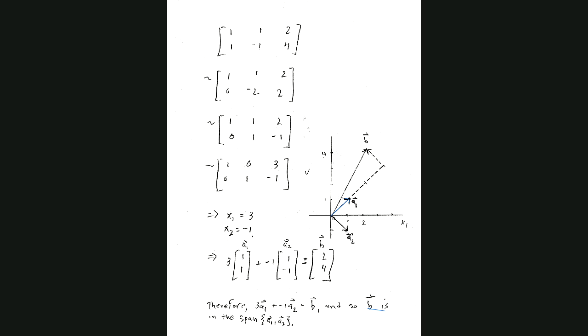Here, I've drawn vector a1 and I've drawn vector a2. A2 is the vector (1, -1). And then you have the vector b, which is equal to (2, 4). So remember what we have here: 3 times a1 plus negative 1 times a2 equals b.